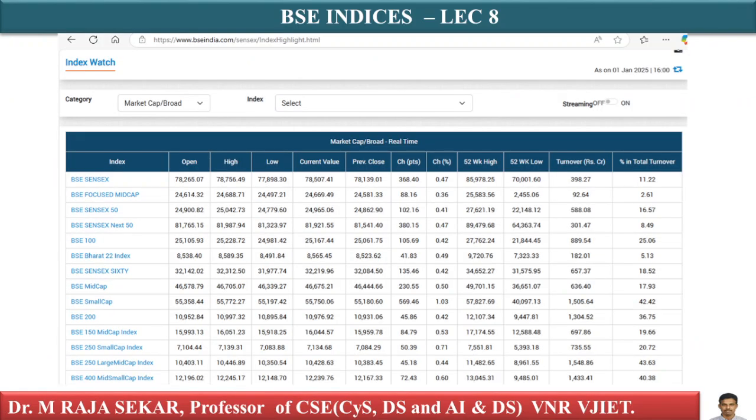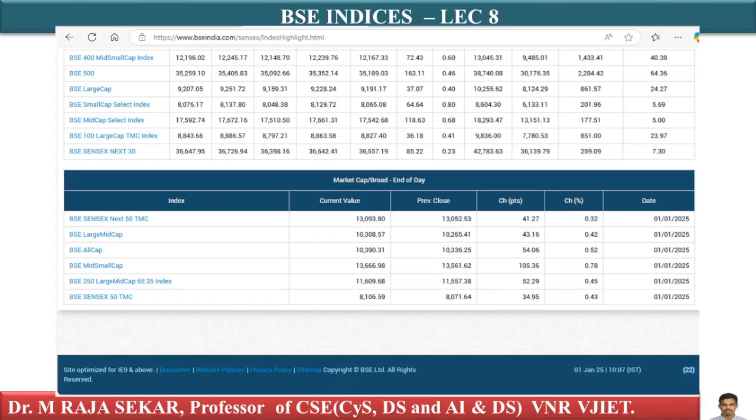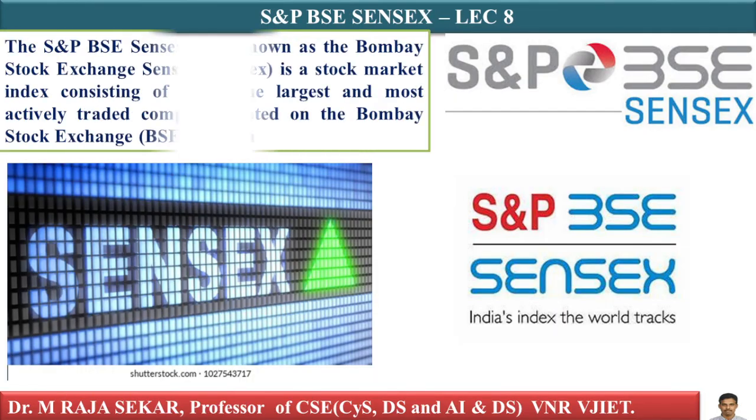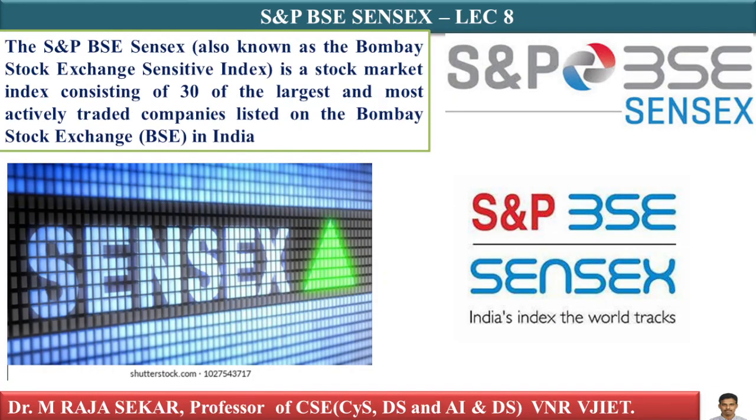Just go through this particular BSE website, and you can see different indices. The S&P BSE Sensex includes 30 large companies from various sectors like information technology, finance, energy, consumer goods, healthcare, and more. These companies are selected based on criteria such as market capitalization, liquidity, and industry representation.